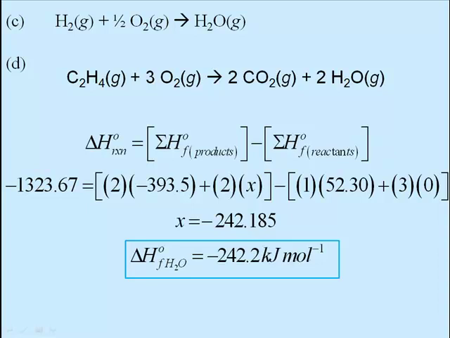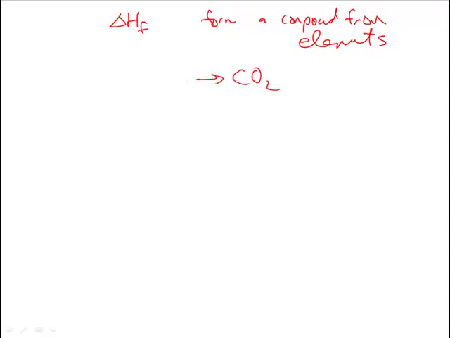The cool thing about heat of formation, something that is often or always put in a problem with heat of formation, is something that you have to remember. The heat of formation is defined as the energy to form a compound from its elements. So if you want to form CO2, you take C and O2 and put them together. If you want to form H2O, gas or liquid, you take your H2 and your O2.